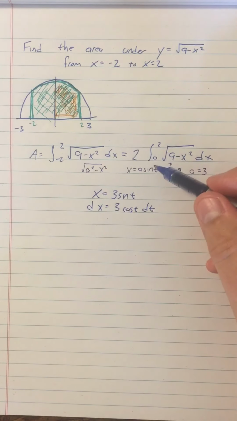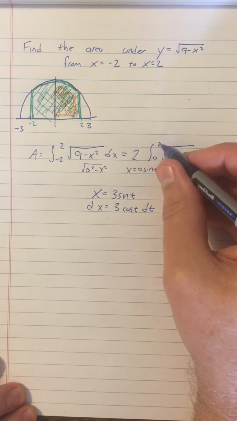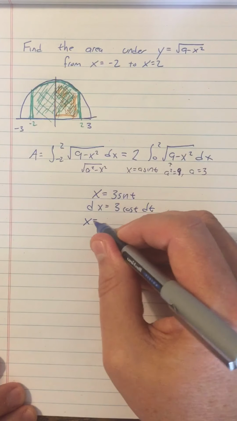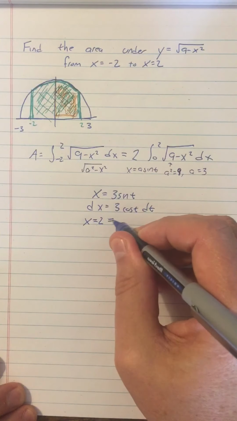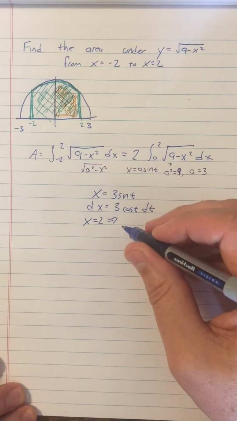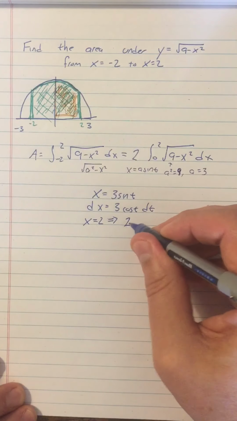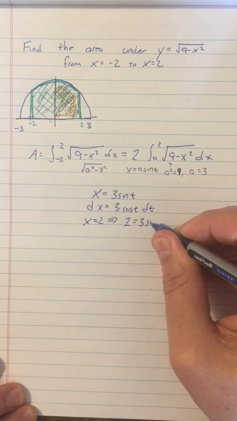Again, changing the limits is going to greatly simplify the work, even though our first one is not going to be very nice. If I start with x equals 2 up here, what is t going to be when x equals 2? Because we're going to change this integral into terms of t. So instead of x equals 3 sine t, I have 2 equals 3 sine t.